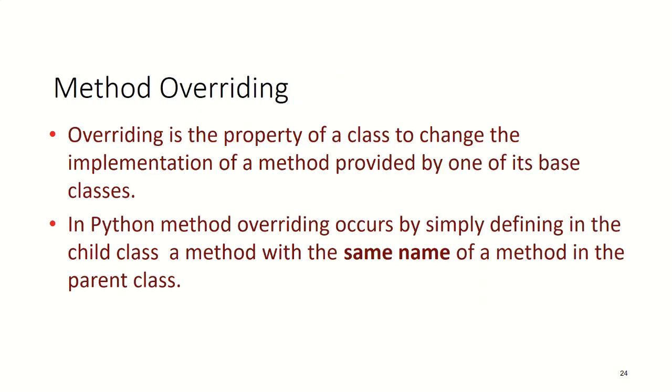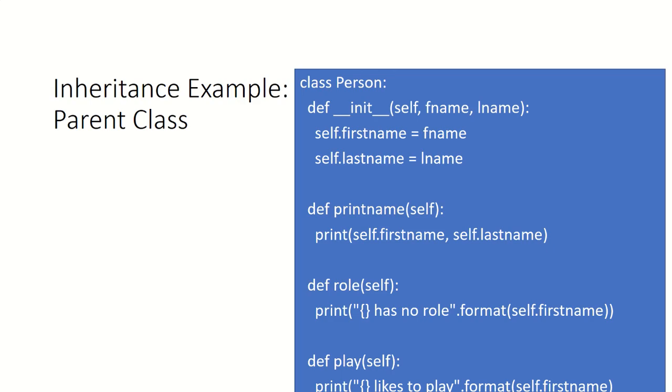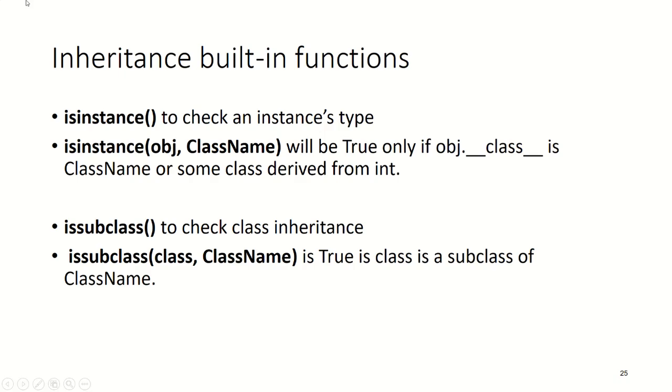And you also have this concept called method overriding. If you want to specifically override a particular method, that is also possible in Python, right? And there are certain inbuilt methods which are commonly used for inheritance. One is isinstance. That means you can always check, say you have vehicle and you have car.